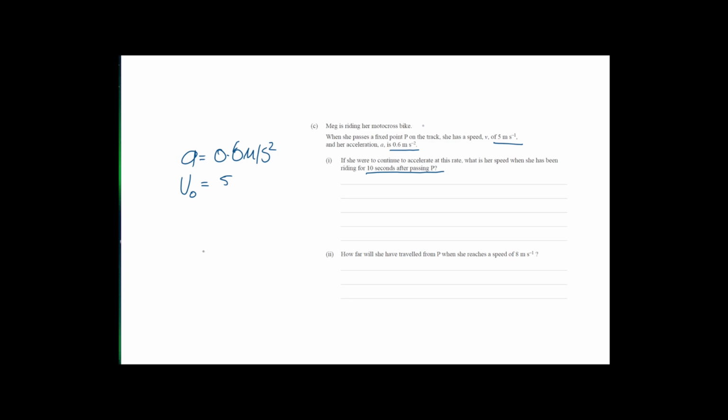So remember, when we go from acceleration to velocity, we go up the ladder, and when we go up the ladder, we integrate.